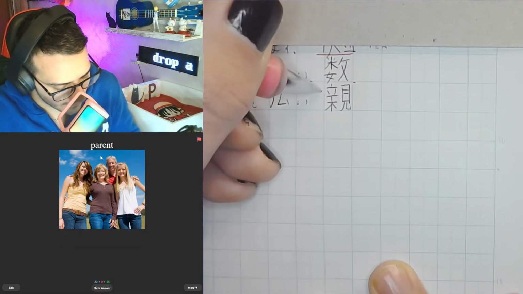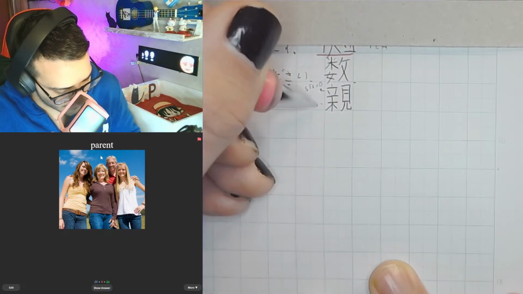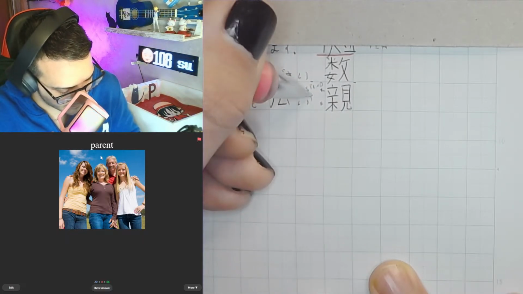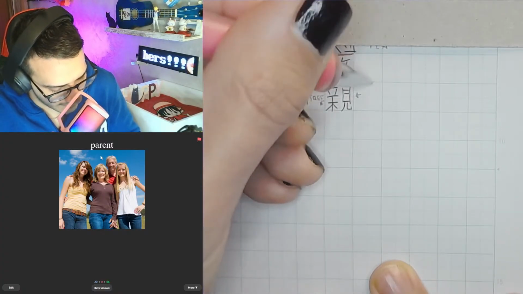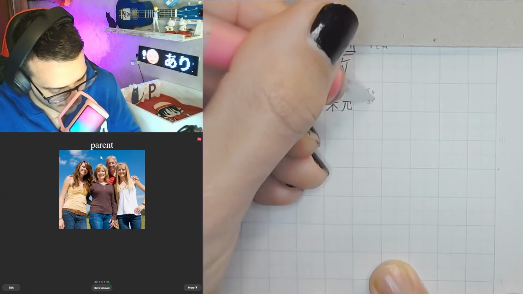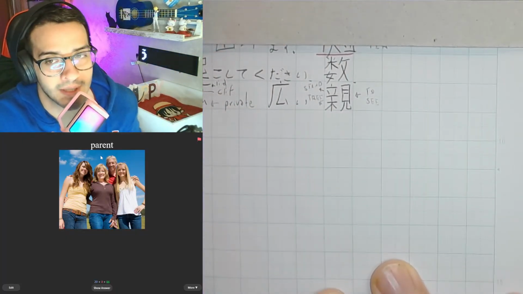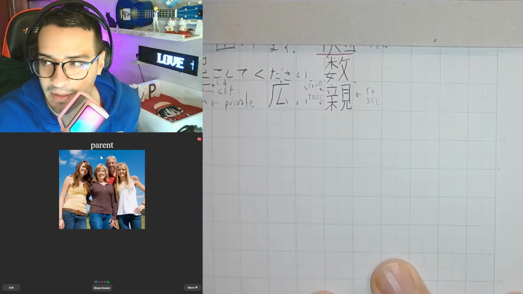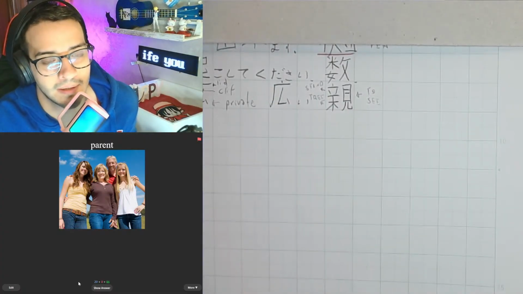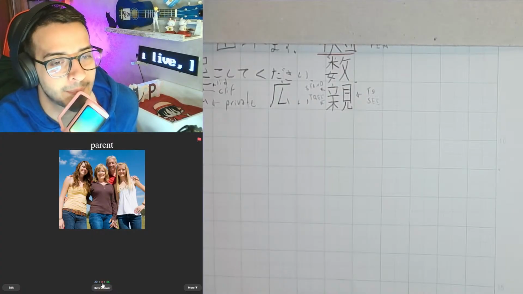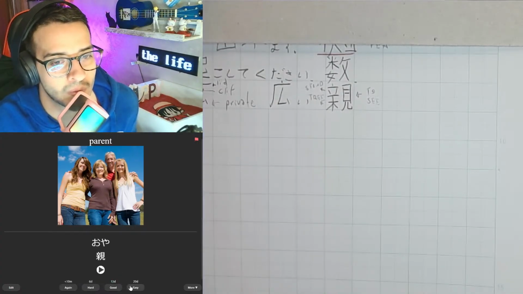So stand, tree, and to see, right? So the parents are standing on top of the family tree, and they watch over us. And how do we say it? Oya, 親, oya, easy.